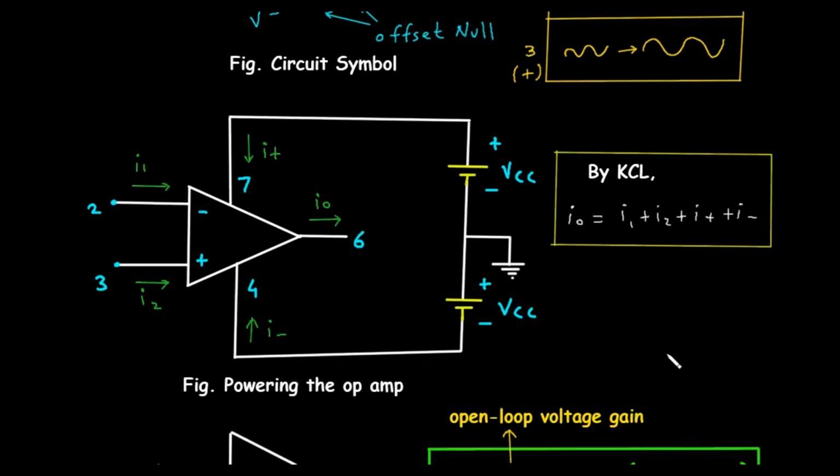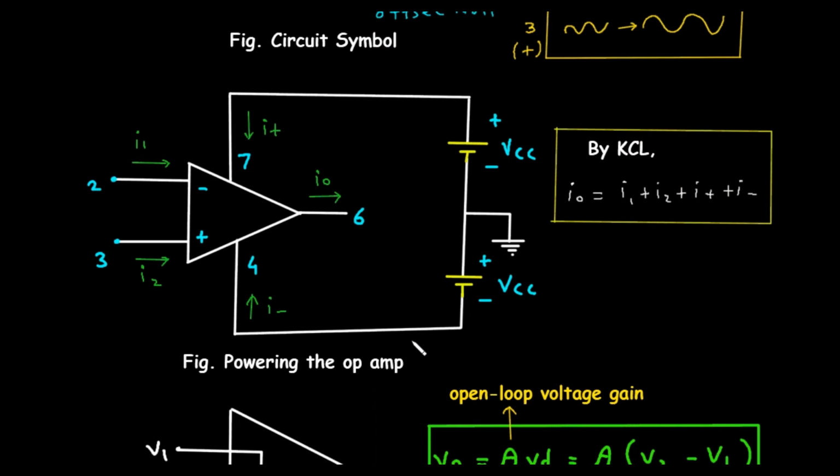Then next, powering the OpAmp. This diagram shows how the OpAmp is powered using a dual or split power supply. So here we are supplying using a dual or split power supply. We have a positive voltage plus VCC and a negative voltage minus VCC relative to a common ground. So here it is connected to a common ground.